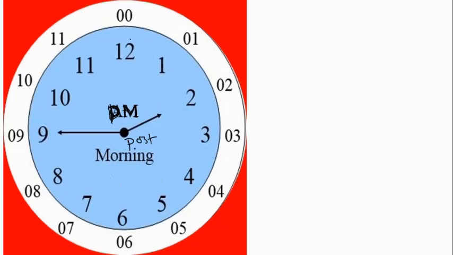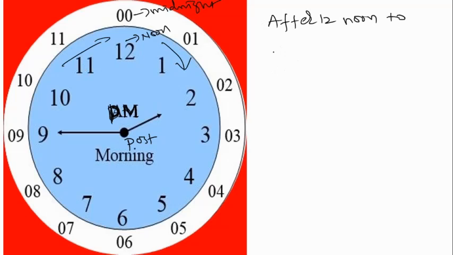After 12 noon, look here, after 12 noon to midnight 12. 12 noon goes like this and reaches like this. So after 12 noon to midnight 12, after 12 comes 13, 14, 15 and up to 24.